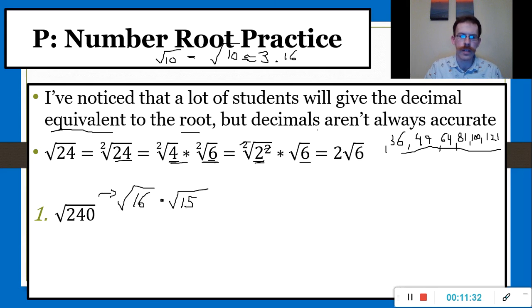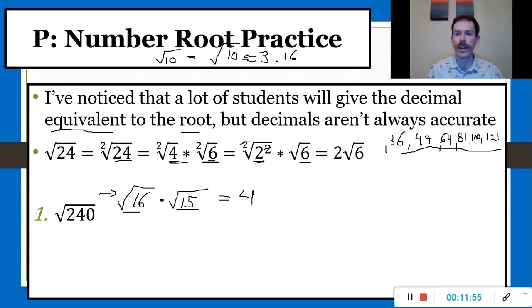Now this is good because I know that the square root of 16 is 4. And you might say, but hey, Mr. K, 15 breaks down to 5 and 3. That's true. But neither 5 nor 3 is a perfect root.